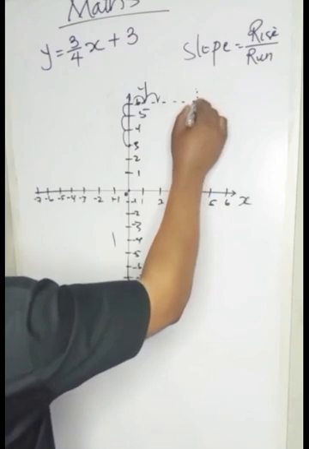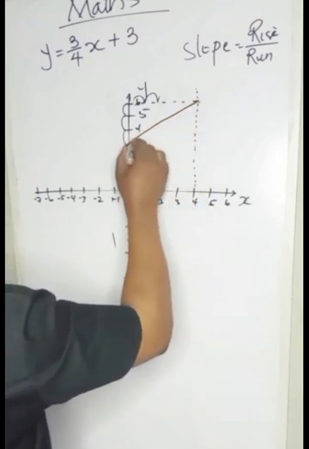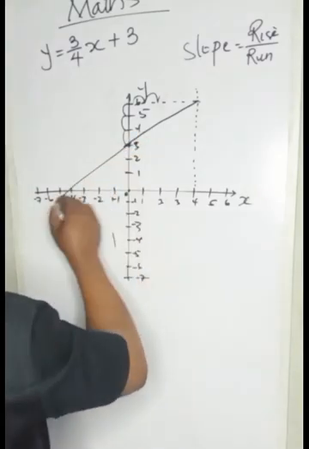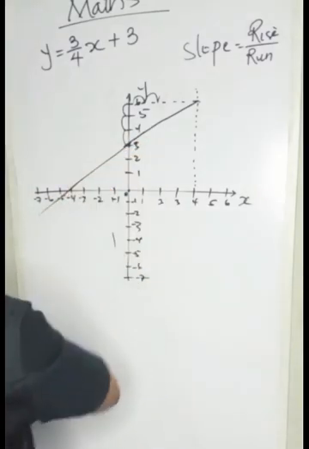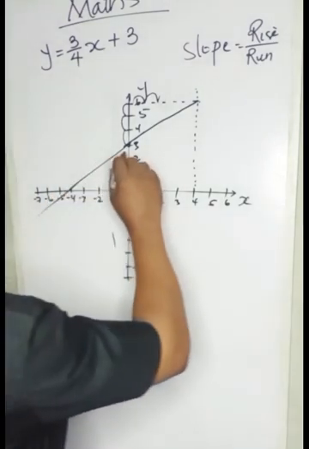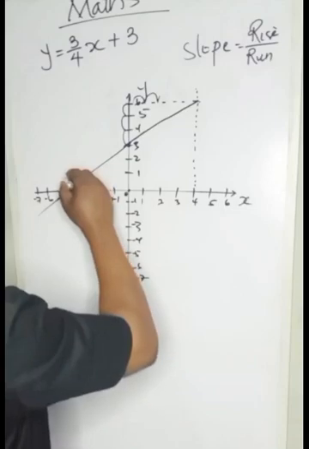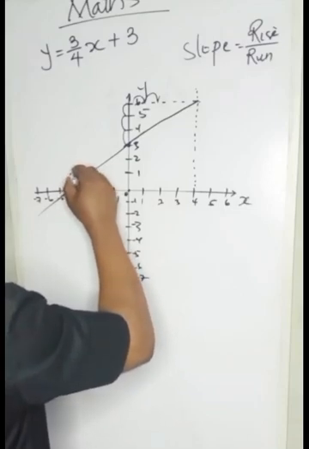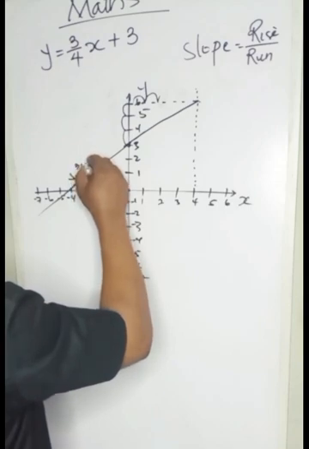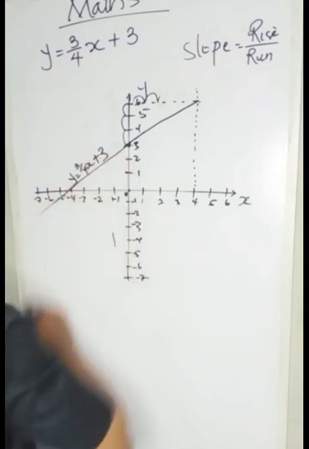I'm just going to link this up. Sorry, it's not perfect, but I believe you're getting the idea. Okay, so this is the straight line of this equation. So I'm just going to write the equation on the straight line: y equals 3 over 4x plus 3.